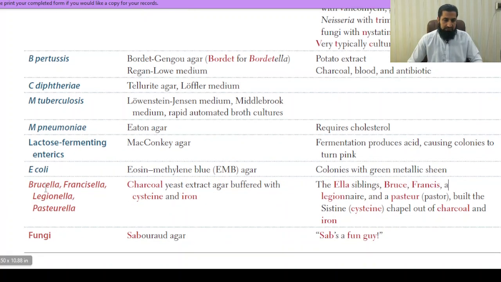Another group of bugs is Brucella, Francisella, Legionella, and Pasteurella.